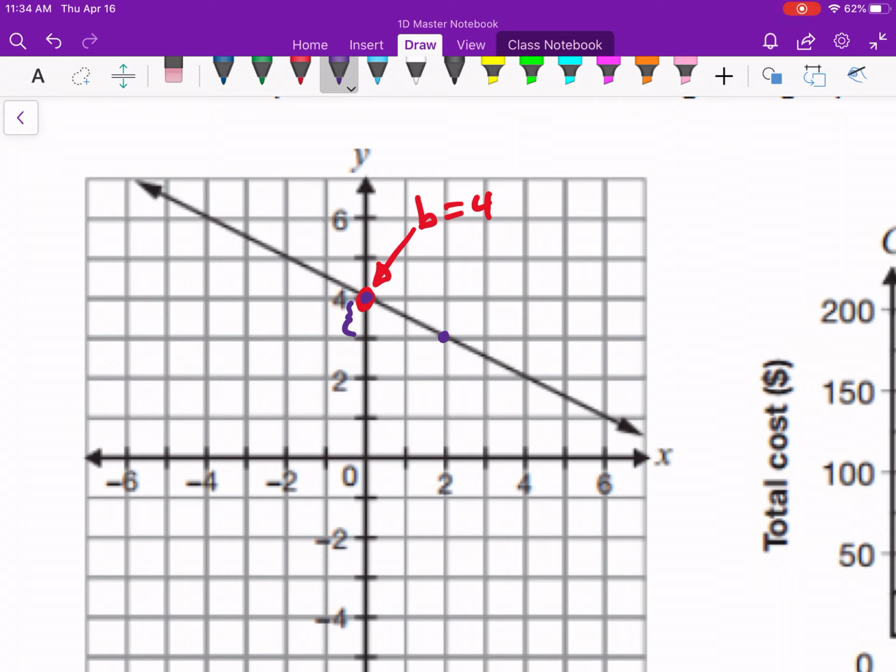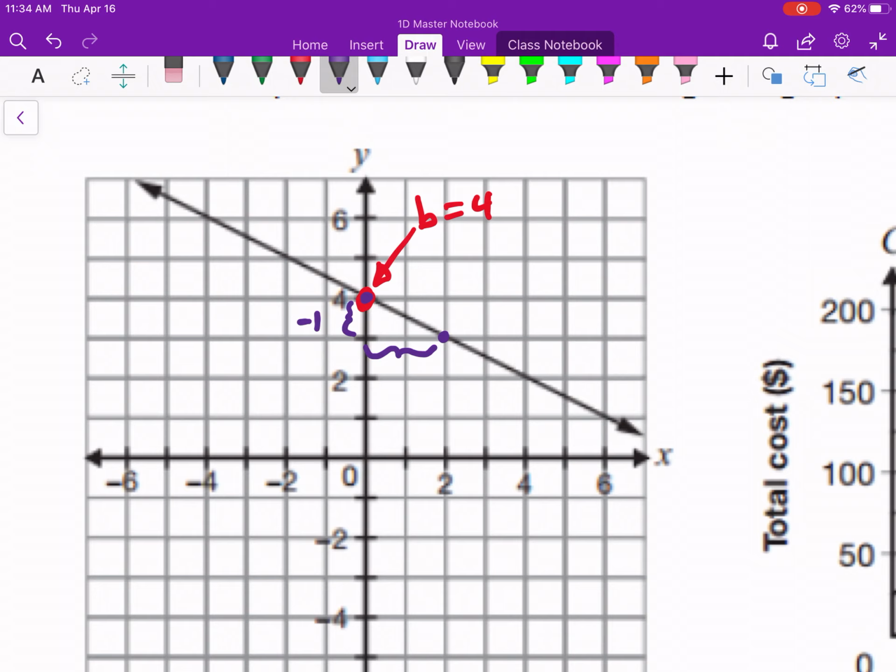The rise, remember, when we do the rise, we're going from left to right. This line is going downwards from left to right. So from the point that's farther left, we're going down by 1 unit to get to the point that's farther right. That makes my rise negative, -1. Again, that negative sign's really important.